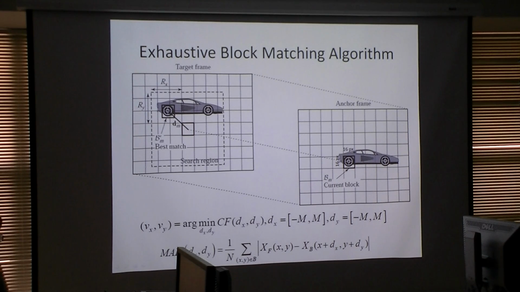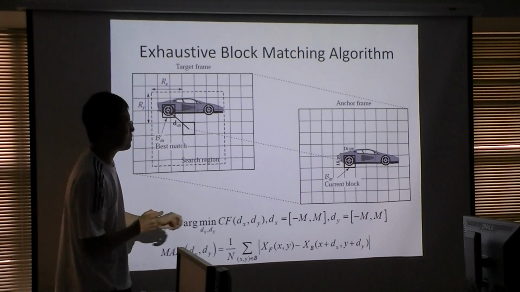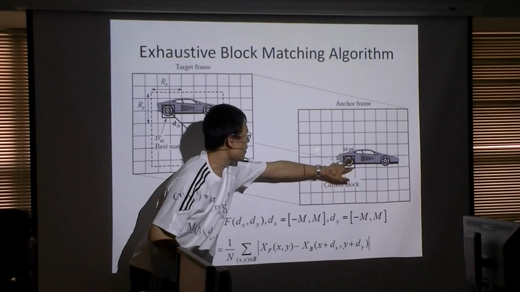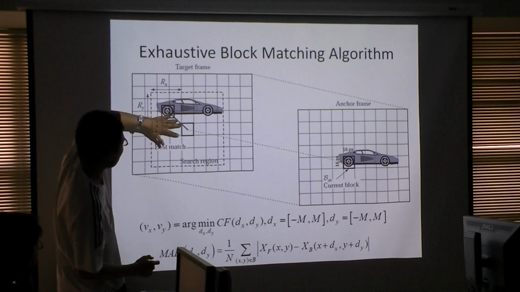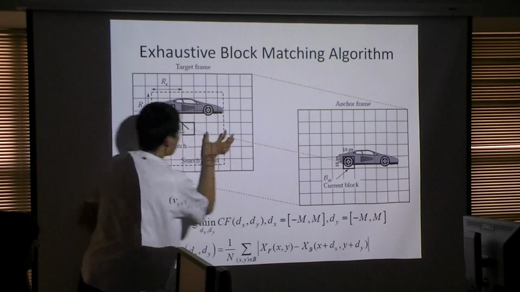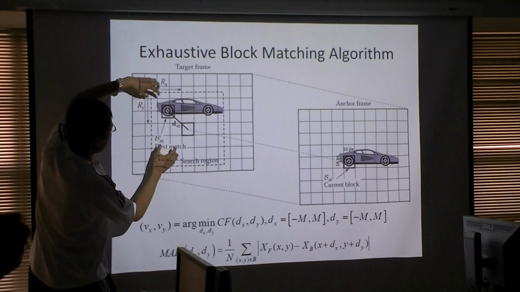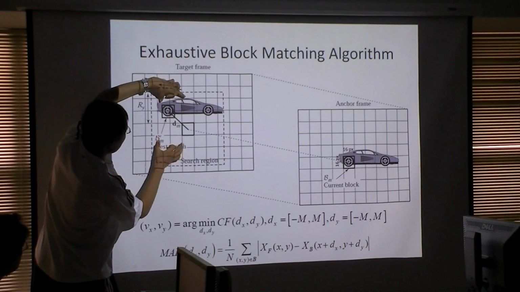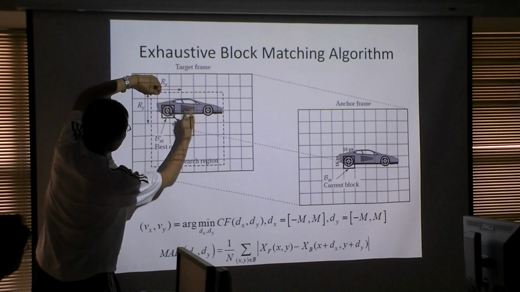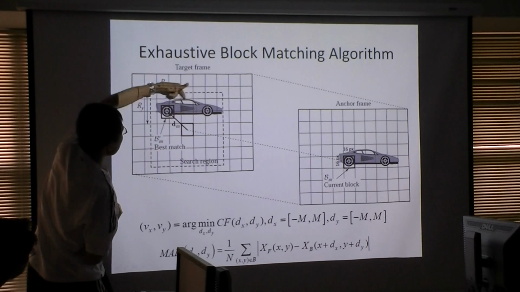Maybe I can show you here. Here is the location of the current block in the anchor frame, and the corresponding block is here. They have the same location, but we can see those two blocks are quite different. And given a search region, for example, maybe 9 by 9 or 6 by 6, maybe just this region.